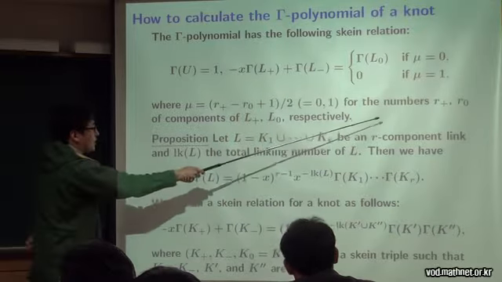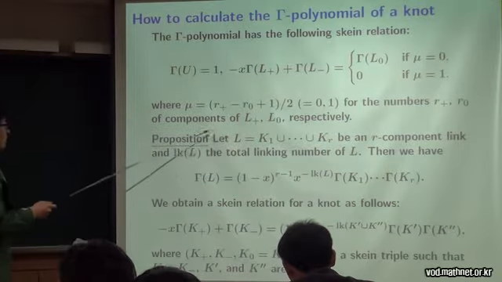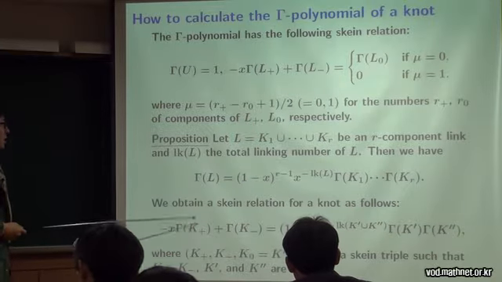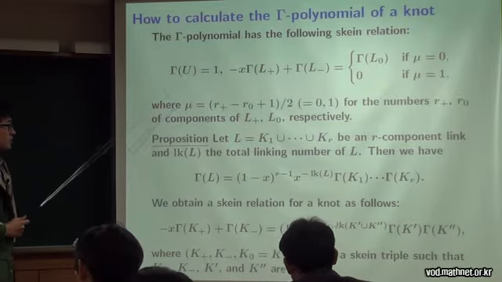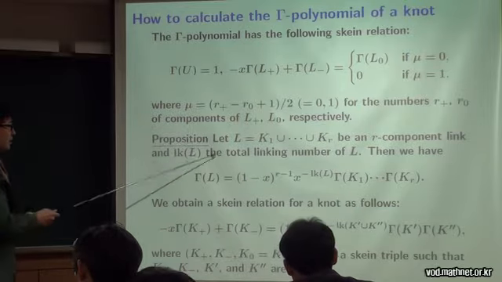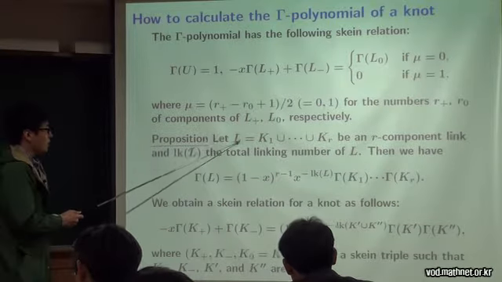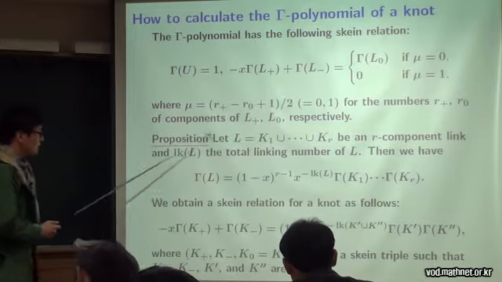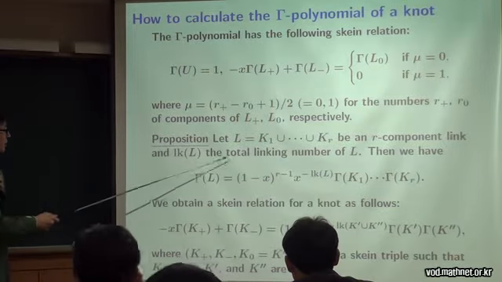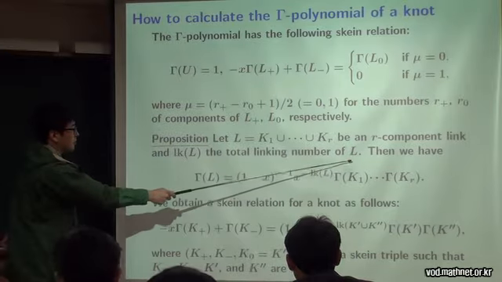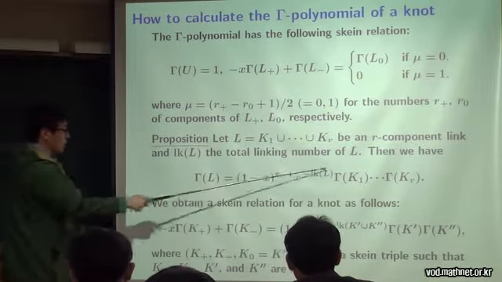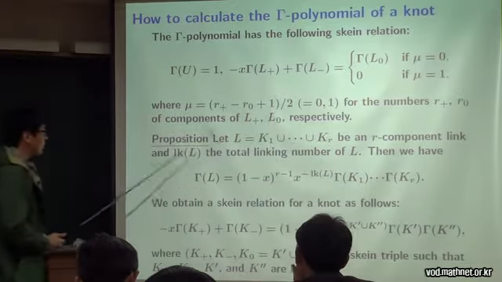Here r plus and r0 are the numbers of components of L plus and L0. And the gamma polynomial has a special property like this. Let L be an r-component link and lk(L) be the total linking number of L. Then we have this equality. This property is very important.